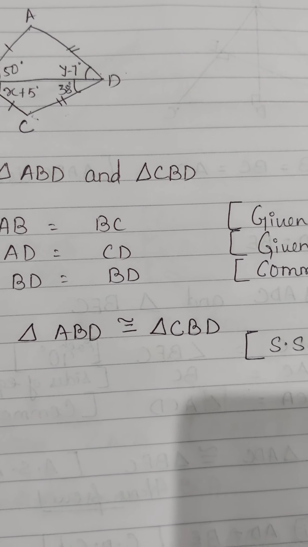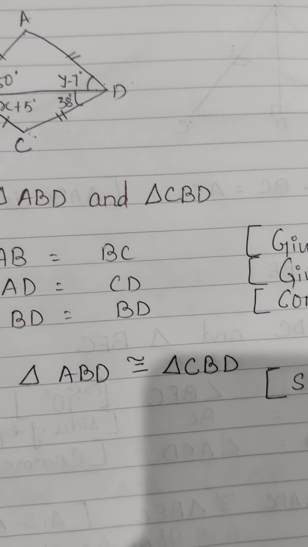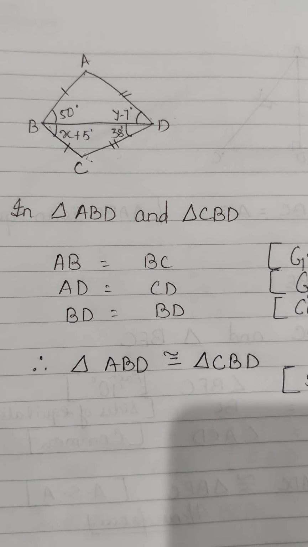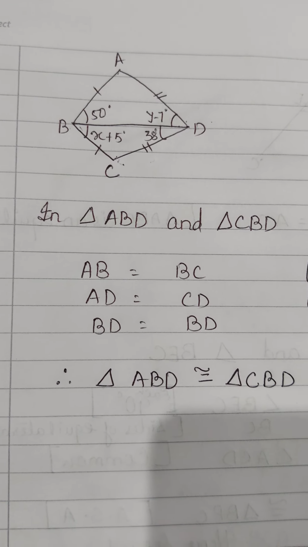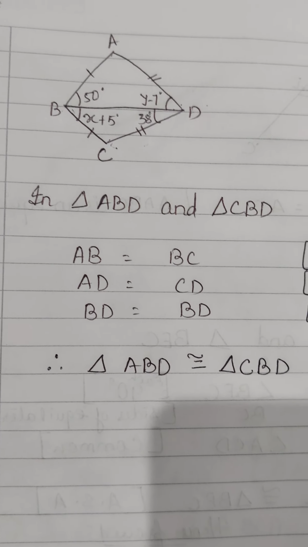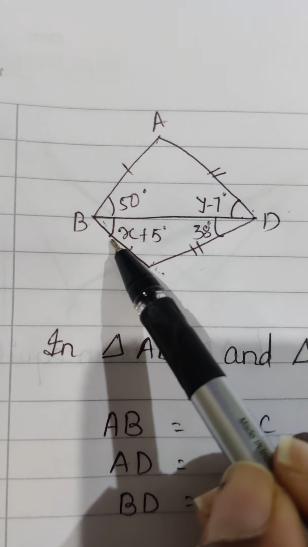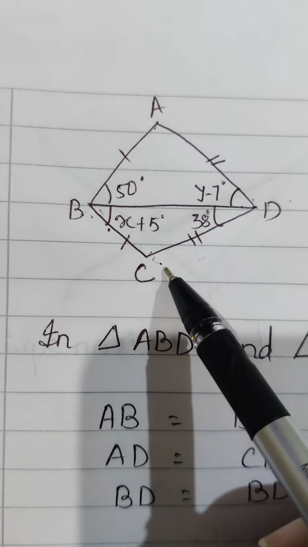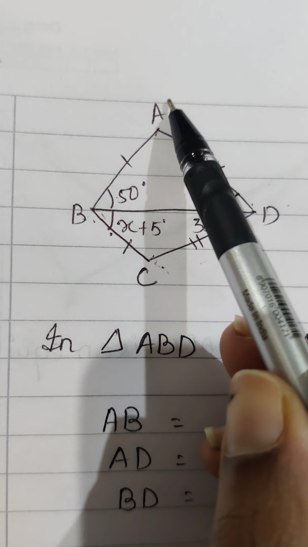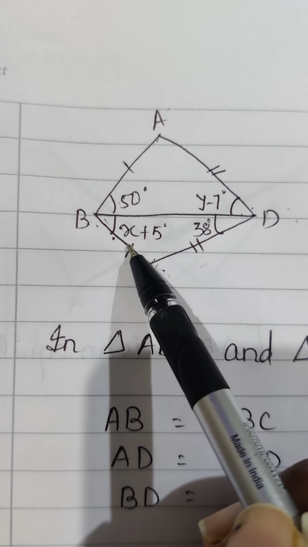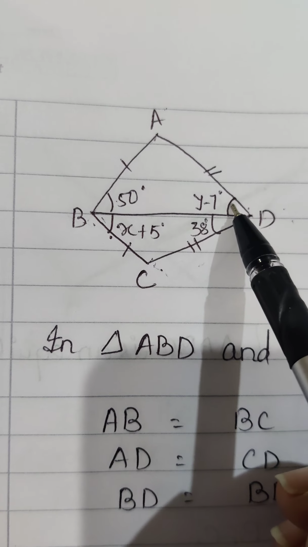Okay. Now if these two triangles are congruent, obviously their corresponding parts or corresponding angles will be equal to each other. If you look at angle B in triangle CBD and angle B in triangle ABD, they are corresponding to each other. Here also the same thing is there.